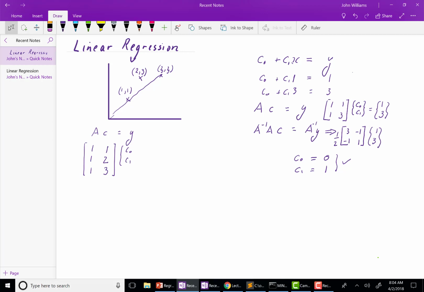C0, C1 is what we're trying to solve for, and the right-hand side is the vector 1, 3, 3. Now it's clear that we can't solve this for this right-hand side, and the question is, what right-hand sides can we solve it for?